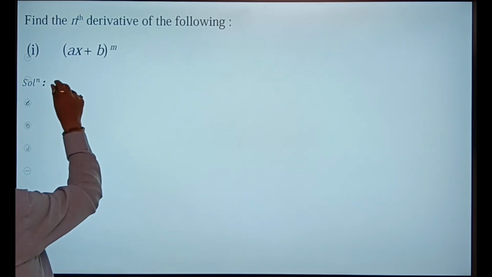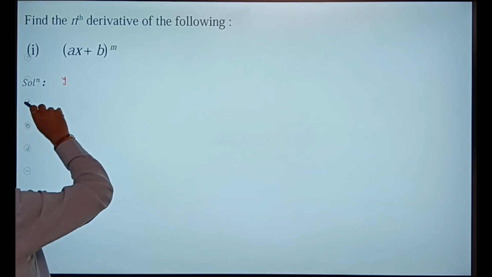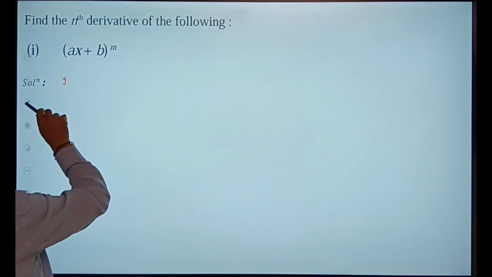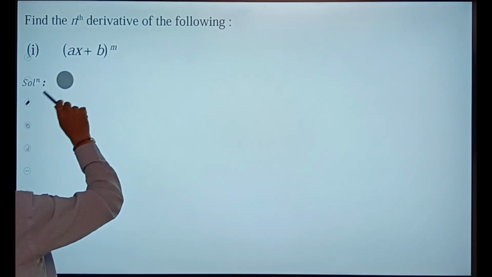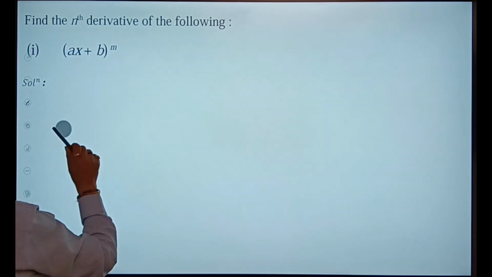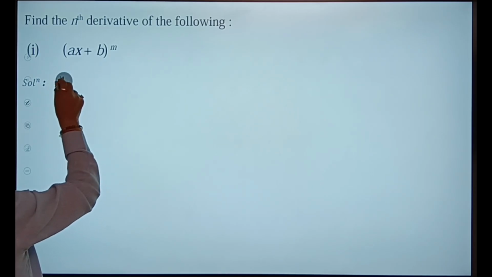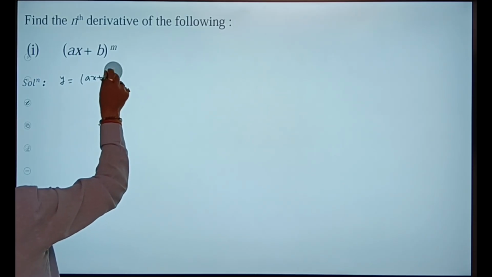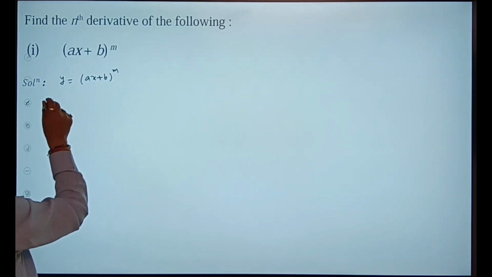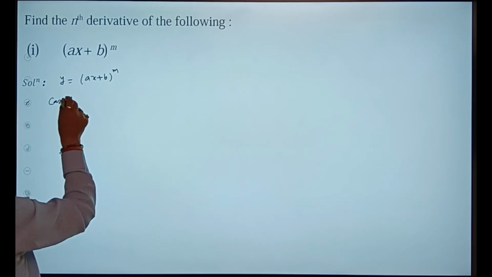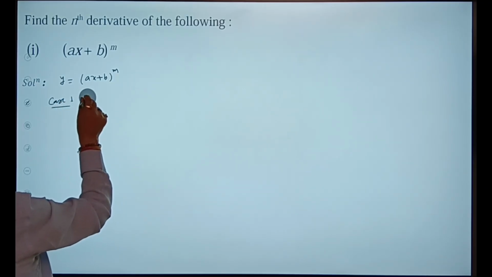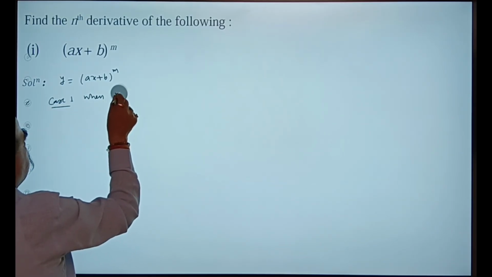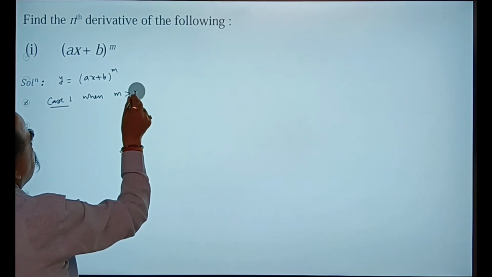Case 1. y is what? (ax plus b) raised to m. Case 1, when m is greater than n.